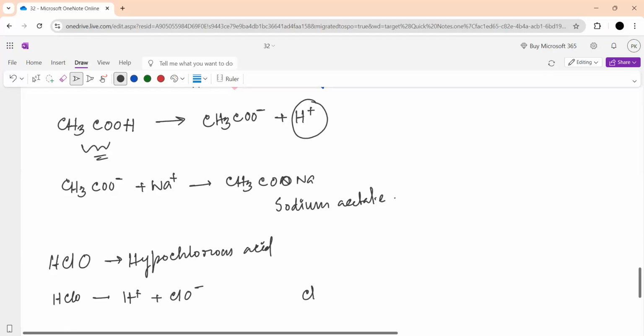Now this ClO minus will bond with sodium plus and it will give us NaClO. You see the pattern? This one was acetic acid, we call it sodium acetate. This one is hypochlorous acid, we call it sodium hypochlorite.